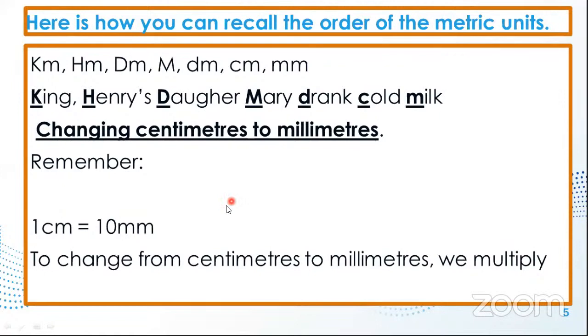So let's see how they are going to set the question for us. This is our example 1, which I have already tried to explain. Can you read example 1, everyone? Okay, I can't hear you. Everybody, can you read example 1?